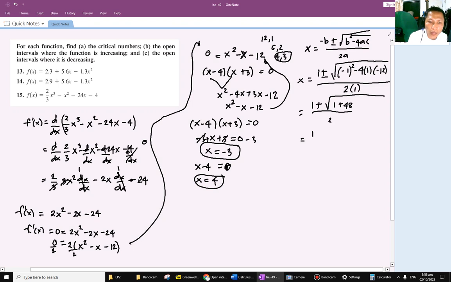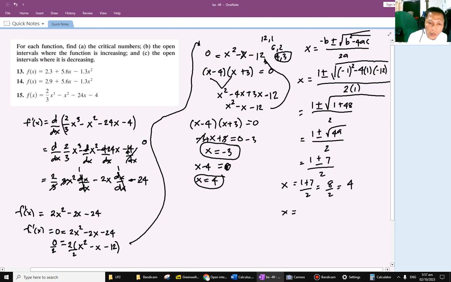So 1 plus minus the square root of 1 plus 48, or the square root of 49, all over 2. So 1 plus minus 7 all over 2. So you have x is equal to 1 plus 7 all over 2, which is 8 all over 2, which is equal to 4.